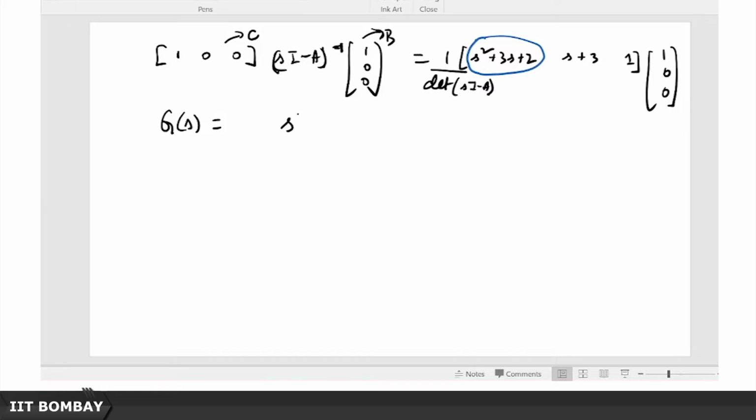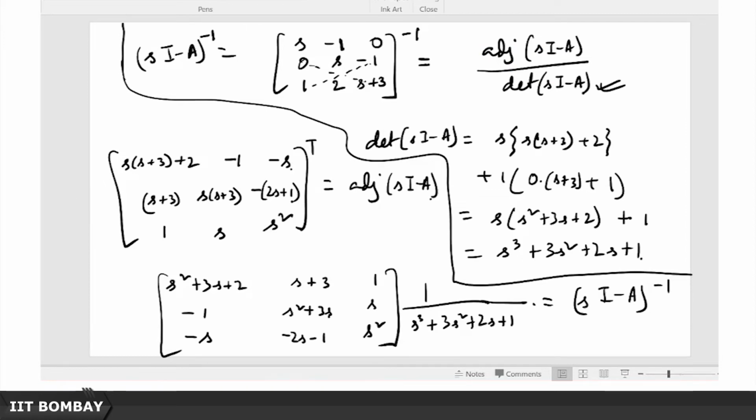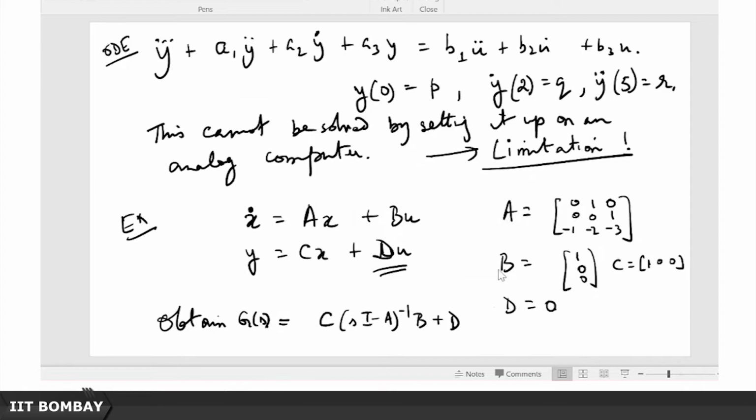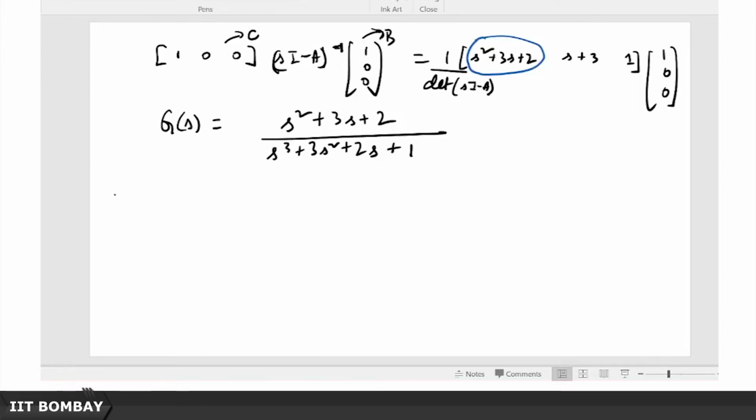So this is going to be basically S squared plus 3S plus 2 divided by whatever was the determinant, S cubed plus 3S squared plus 2S plus, I believe it was 1, yeah it was 1. So that is the transfer function. We have done it, right. We started with a given set of ABCD matrices, and we have obtained the transfer function. Let us do another example to sort of warm up a bit.